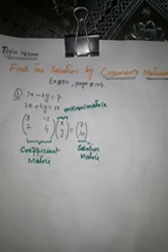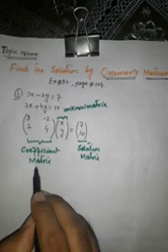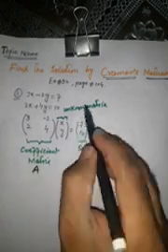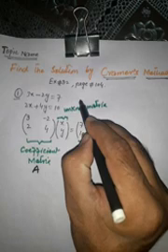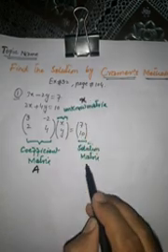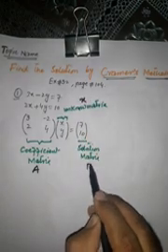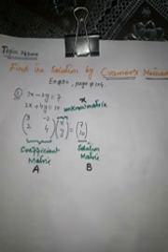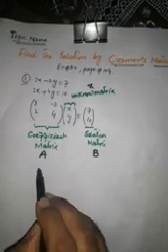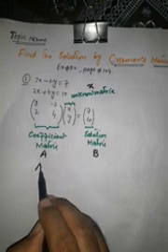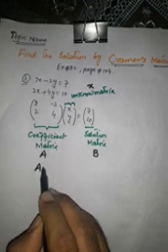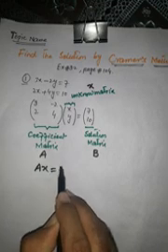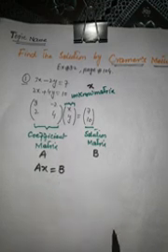Now we name the coefficient matrix A, the unknown matrix X, and the solution matrix B, and we get the equation AX is equal to B.